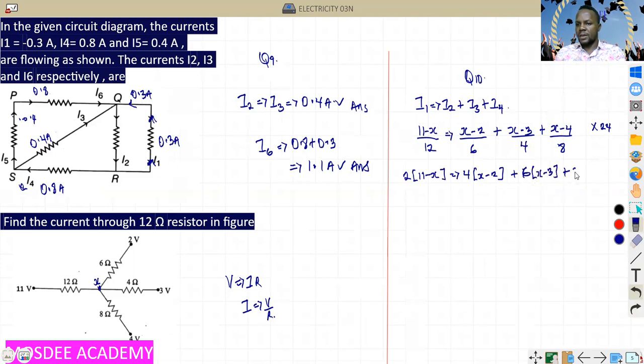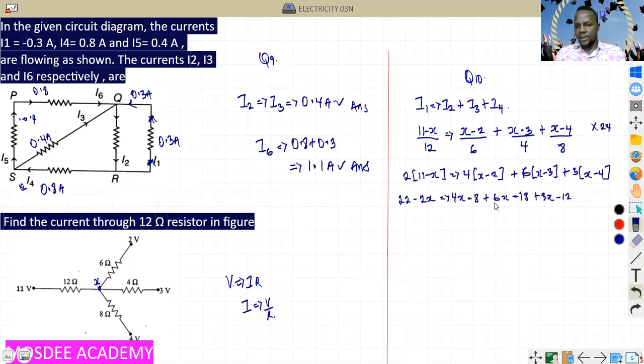Then plus 3 into bracket X minus 4. So you can cancel whatever you want to cancel out by removing the bracket. Expanding that, you have 22 minus 2X is equals to 4X minus 8, plus 6X minus 18, plus 3X minus 12.